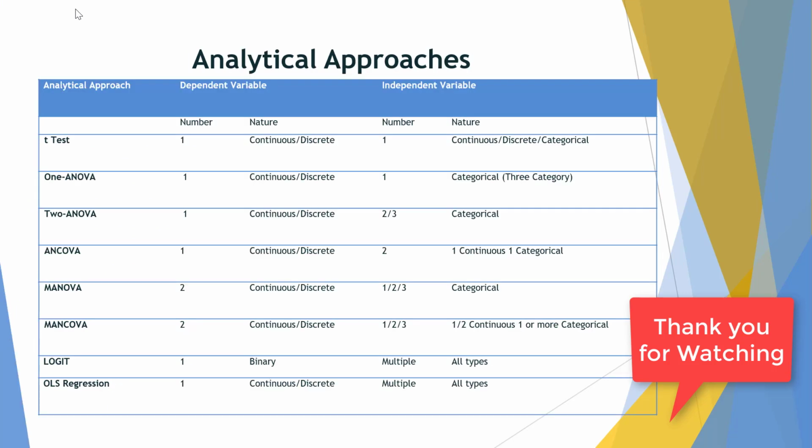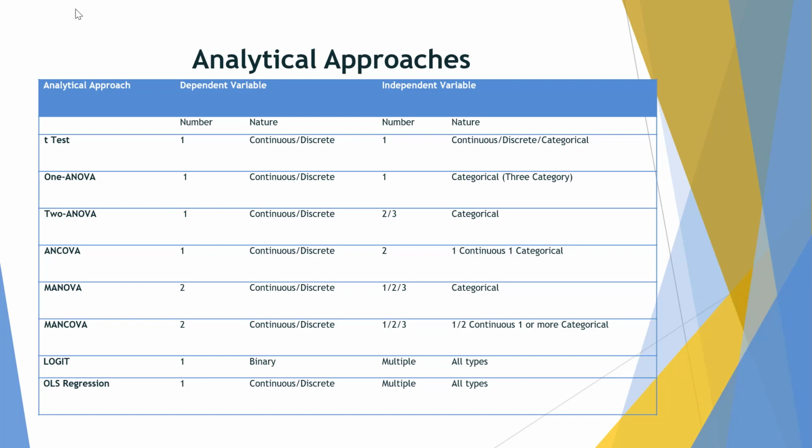All right, just before I start the tests, this is a summary and a guide for you to know which to use and when. If you have a dependent variable that is continuous or discrete, that is quantitative data, one dependent variable and one independent variable that is continuous as well, you can do a T-test.